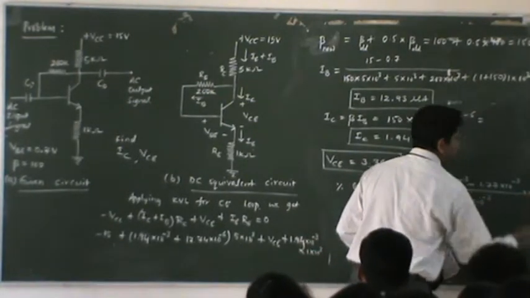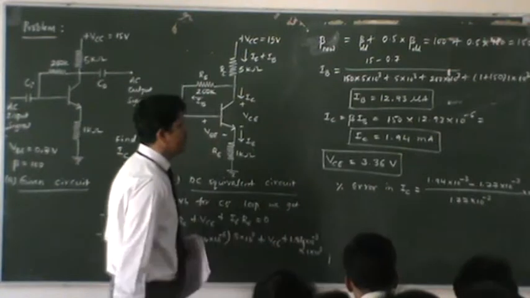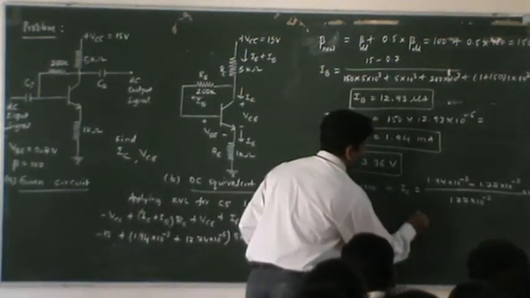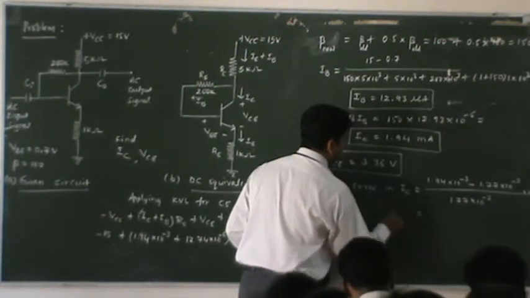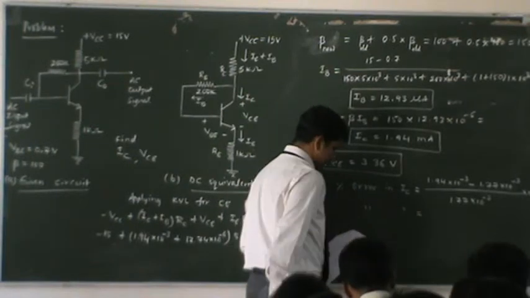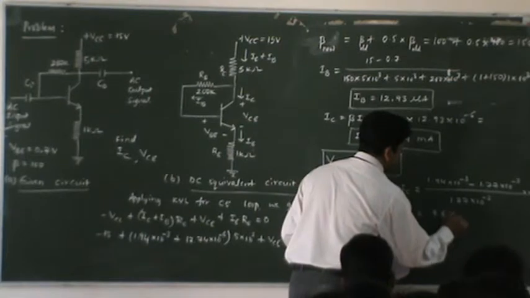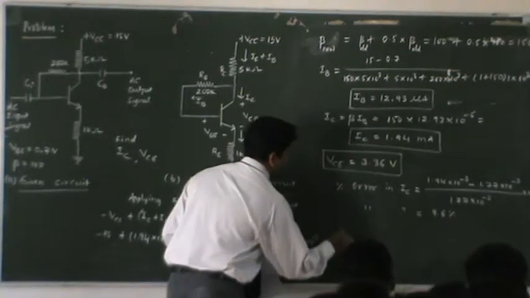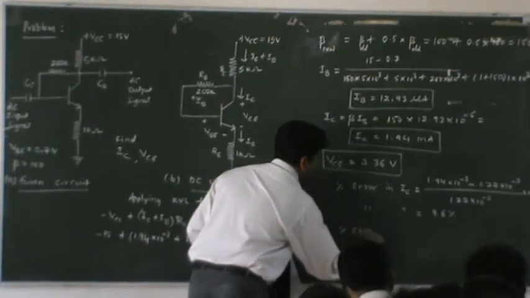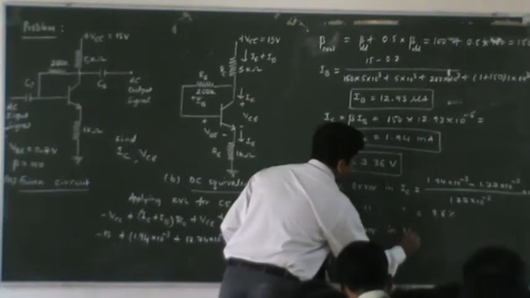Multiply this by 100 to express it as a percentage. You are supposed to get 9.6% as the error.